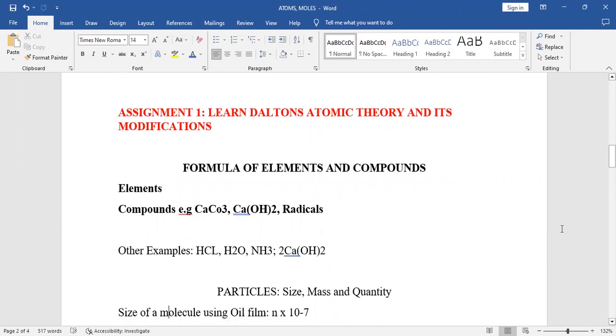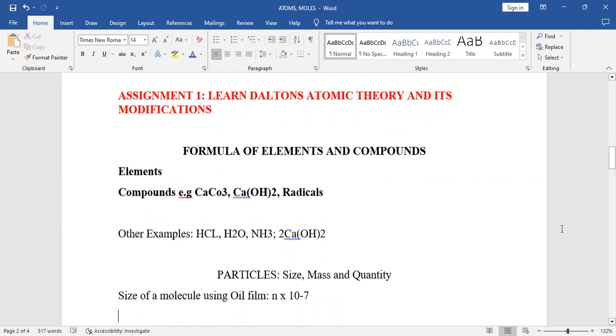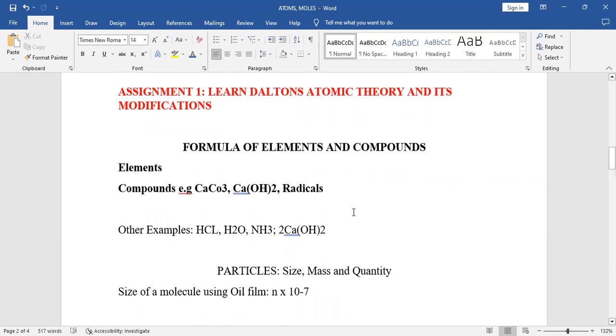We already know what an element is. We defined it in our last class. We already know what a compound is. This is an example of a compound. Calcium carbonate, CaCO3, is a compound because you have more than one element in a substance. This is calcium hydroxide, Ca(OH)2. And then we also have radicals. The radical there is the OH minus, right?